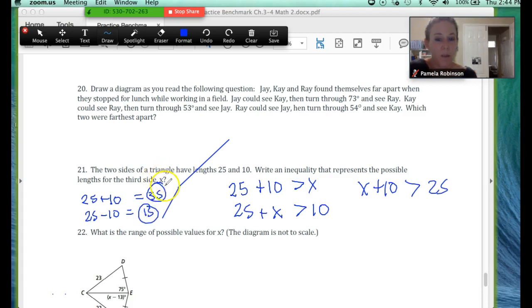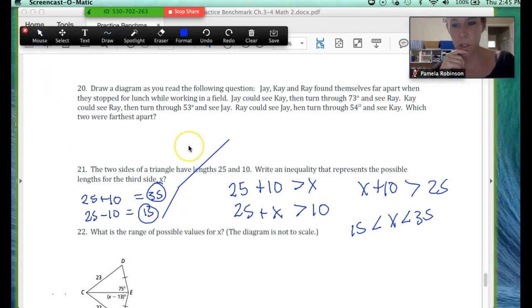So what are the possible lengths for x? X has to be less than 35. That would be my top. And it has to be greater than 15. So you just add the 2 to get your max, and you subtract the 2 to get your bottom, the least amount you could possibly go. Right? Instead of doing the 3 inequalities, it just makes it quicker.